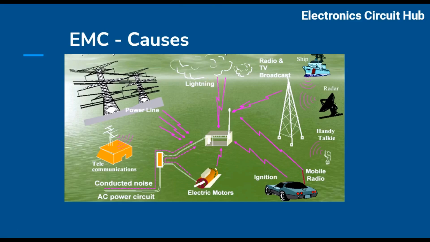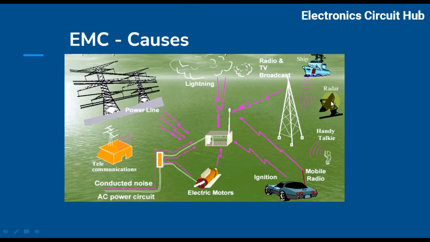What are the causes of EMC? This is a very important topic: how EMC is generated in your product. Let us understand this. You have lightning, which can impact your product. Here you can see you have radio and TV broadcast antennas which may impact your product. You have ships that also impact your product.